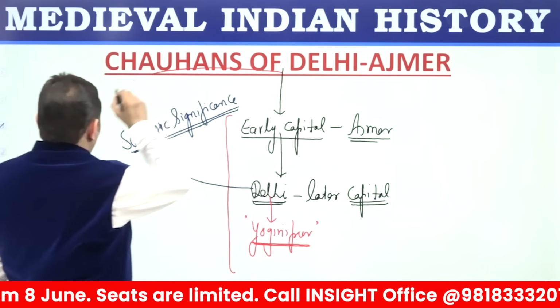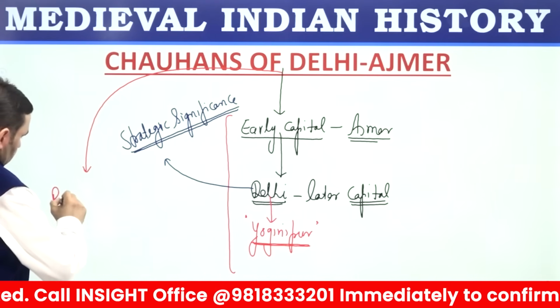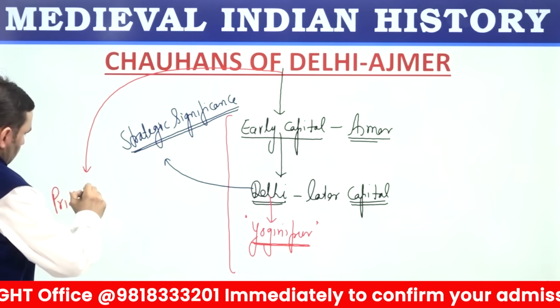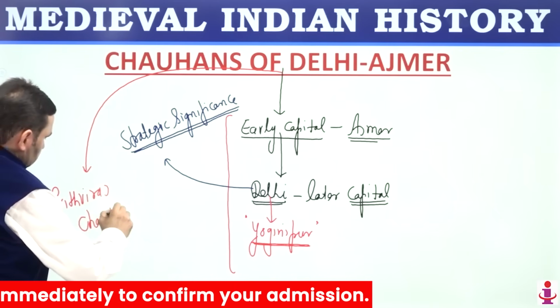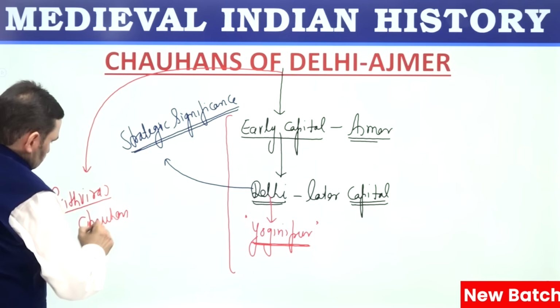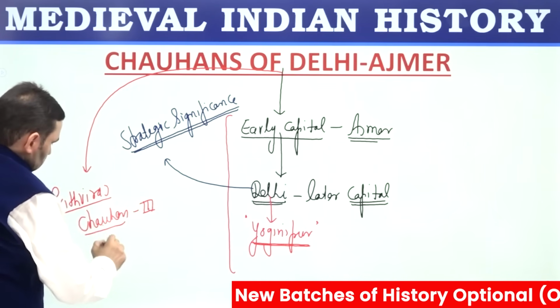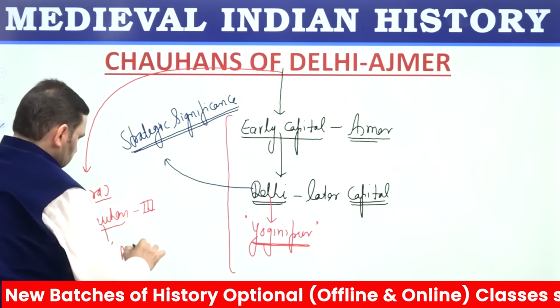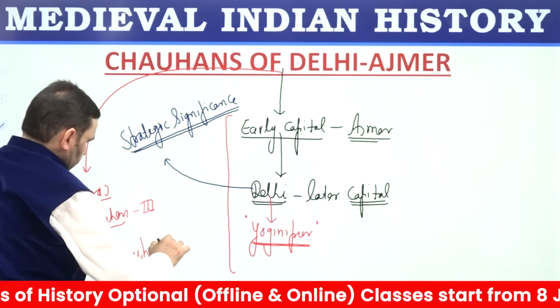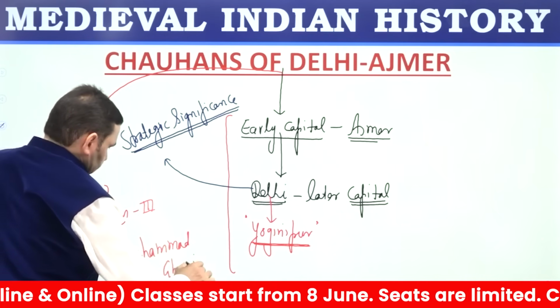Prithviraj Chauhan. This is Chauhan number 3 here. Prithviraj Chauhan III was the king who fought against Muhammad Ghori in the battles of Tarain.